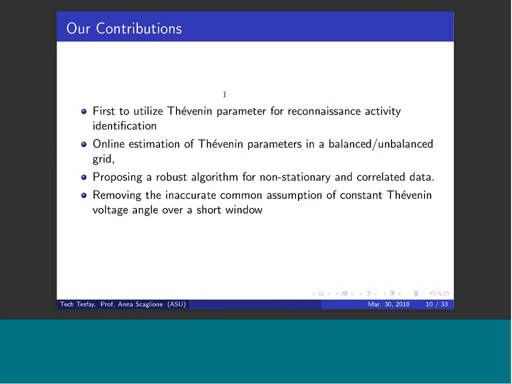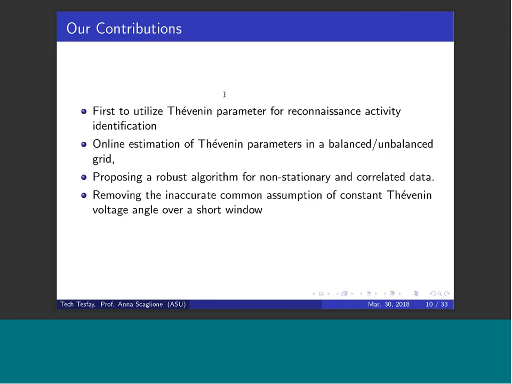And our online Thevenin estimation algorithm works for both balanced and unbalanced cases of the grid. Also, the algorithm we propose is robust and works well for stationary, non-stationary and time-correlated data.